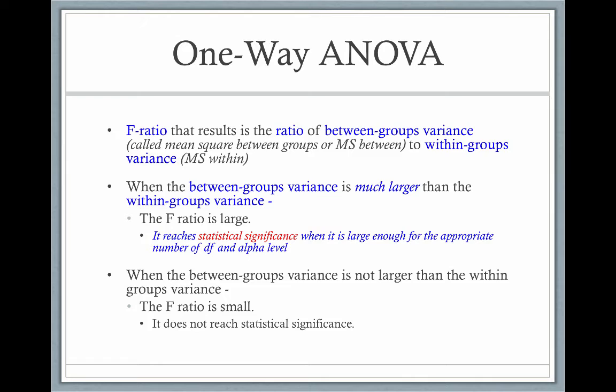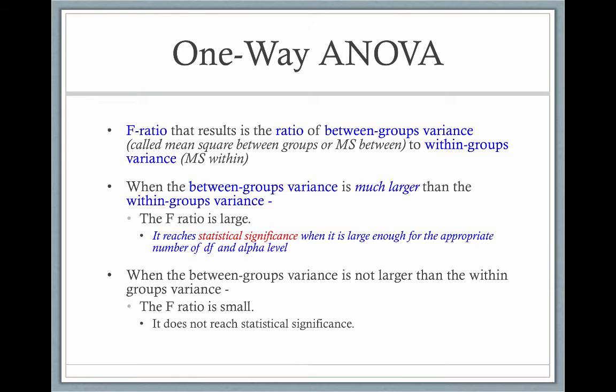The F ratio that results is the ratio of between group variances, called the mean square between groups, or mean squared between, to the within groups variance. When the between group variance is much larger than the within group variance, the F ratio is large. It reaches statistical significance when it's large enough for the appropriate number of degrees of freedom and the alpha level.